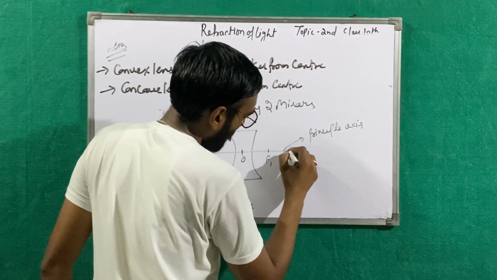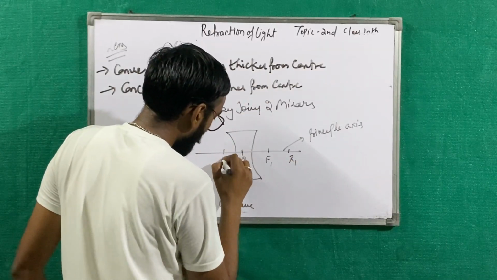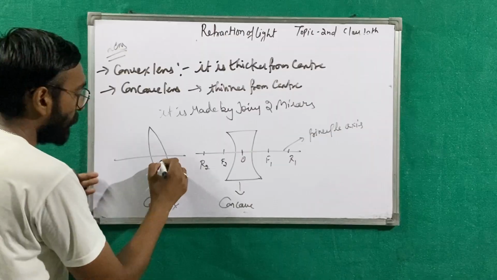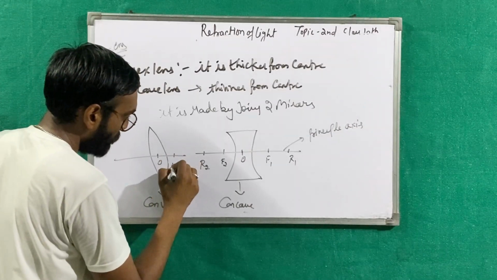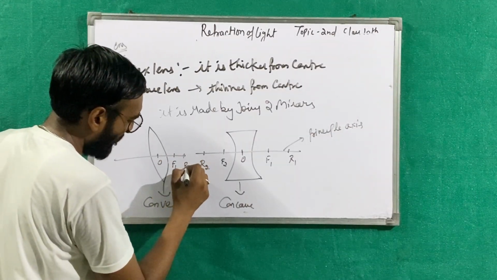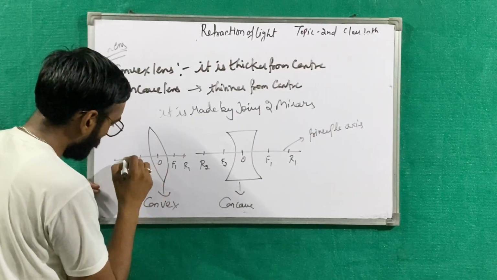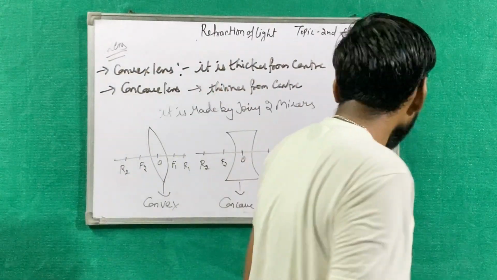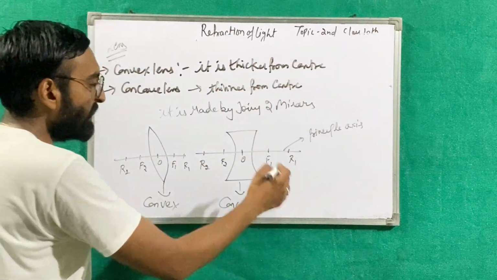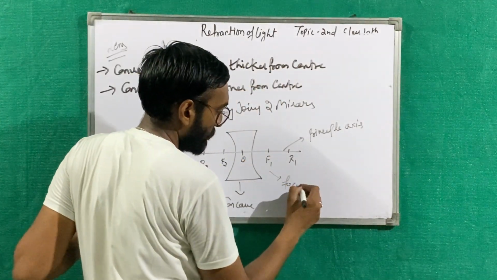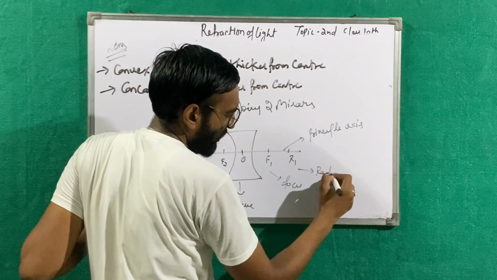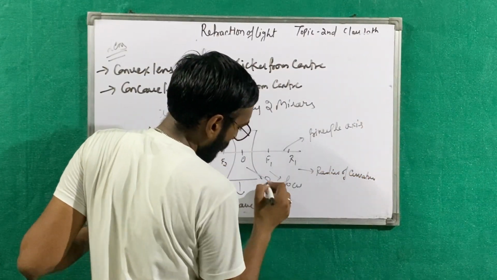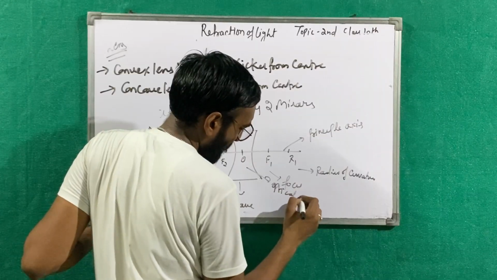Here it is F1, here it is R1, here it is F2, here it is R2. So also in this O, F1, R1, F2, R2. So this is all about the lenses, and these terms are focus, radius of curvature, optical center.